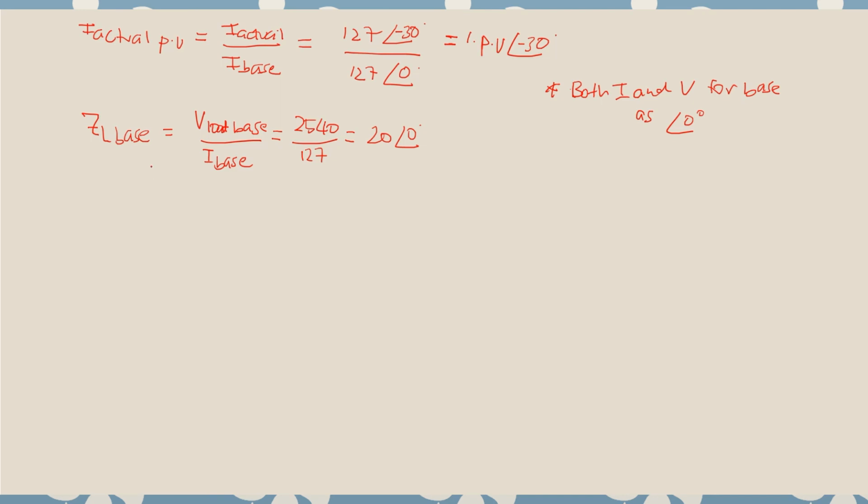So ZL PU is ZL actual divided by ZL base. That is 1.4, given in the questionnaire, divided by 20. So that gives you 0.07 PU. Sorry, this is 0.075, not 0.07.